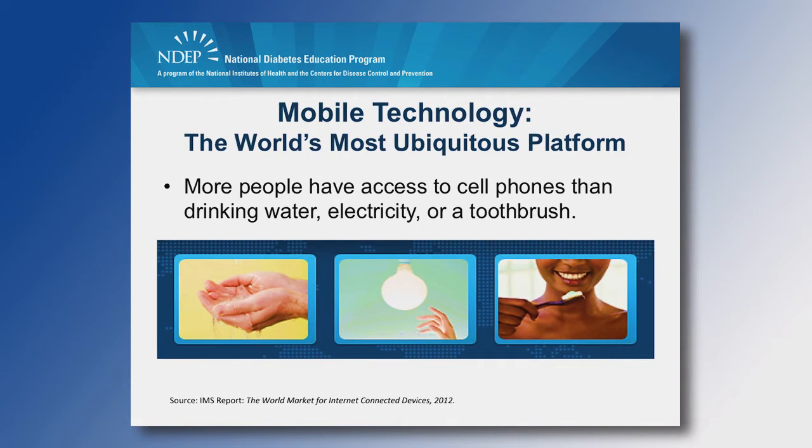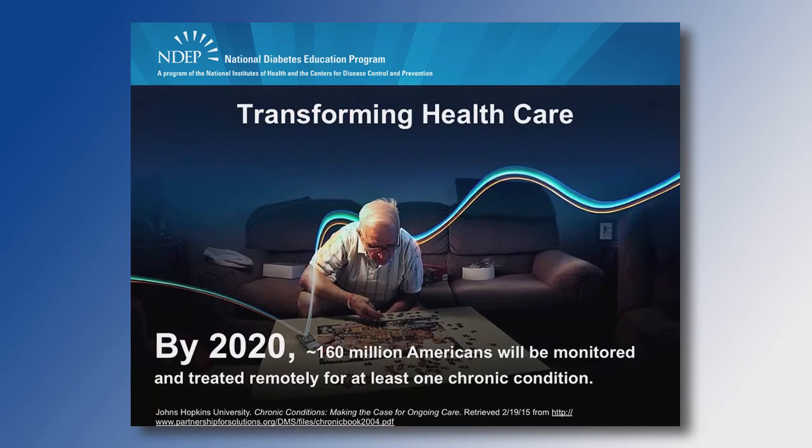And with the mobile wireless technology that's transforming the healthcare industry, and the mobile apps and smartphones, what's interesting is mobile technology is the world's most ubiquitous platform. In fact, more people have access to cell phones worldwide than drinking water, electricity, or a toothbrush. And we know from studies projecting where this will be that by 2020, it's suggested around 160 million Americans will be monitored and treated remotely for at least one chronic condition.